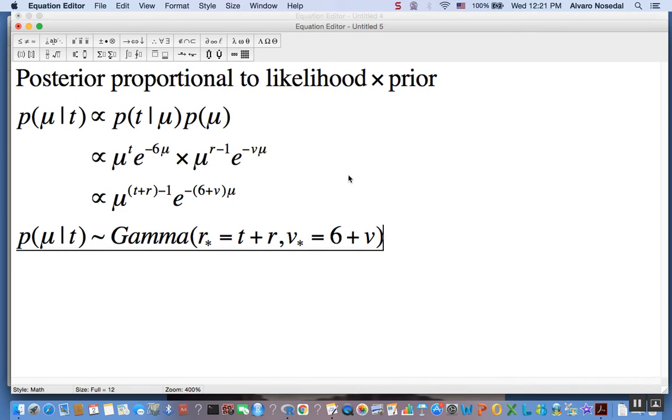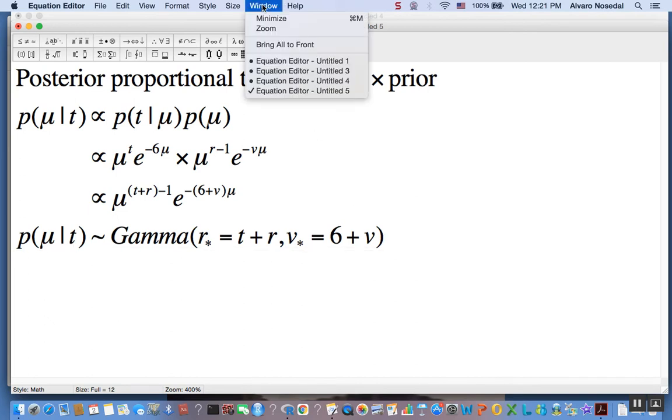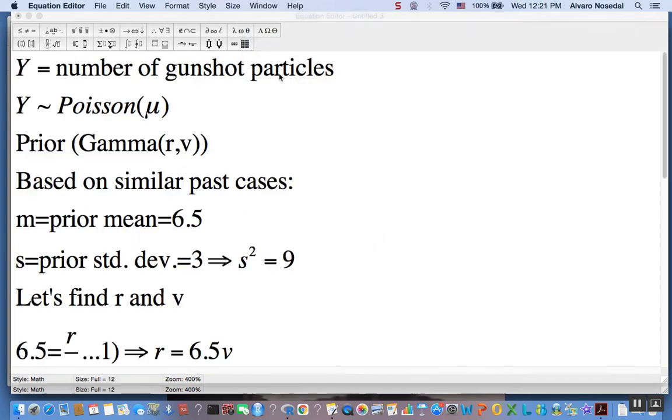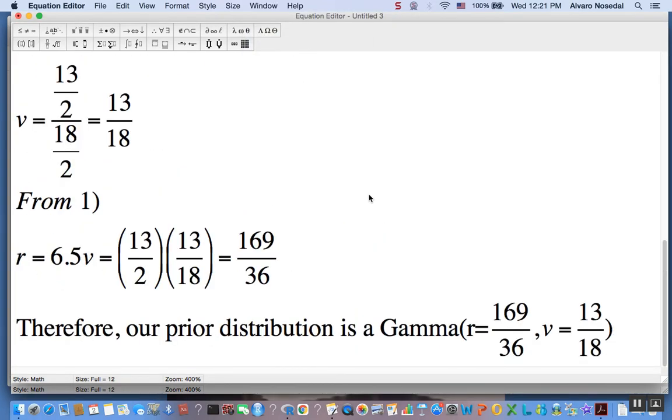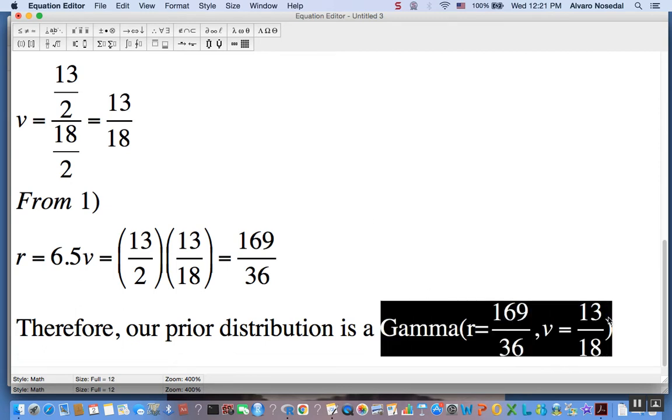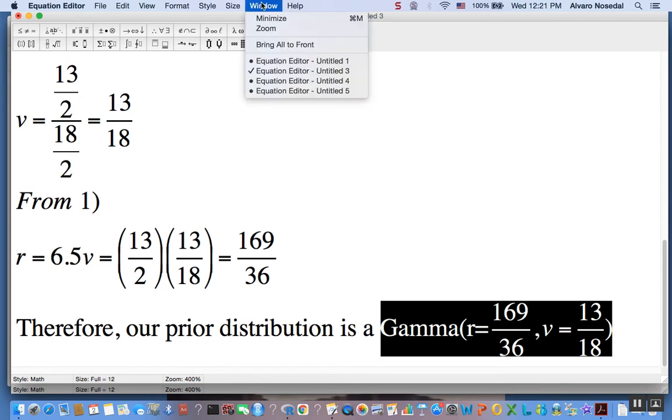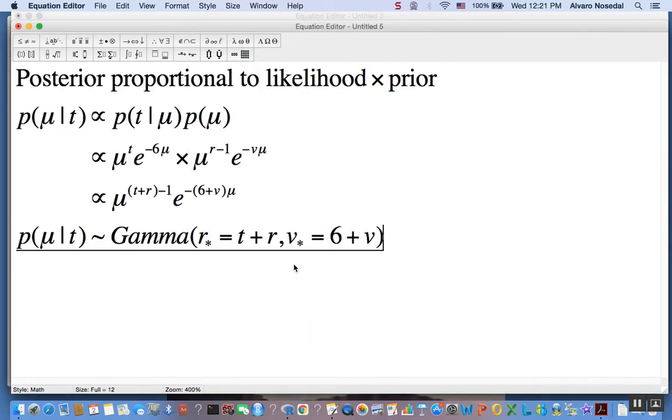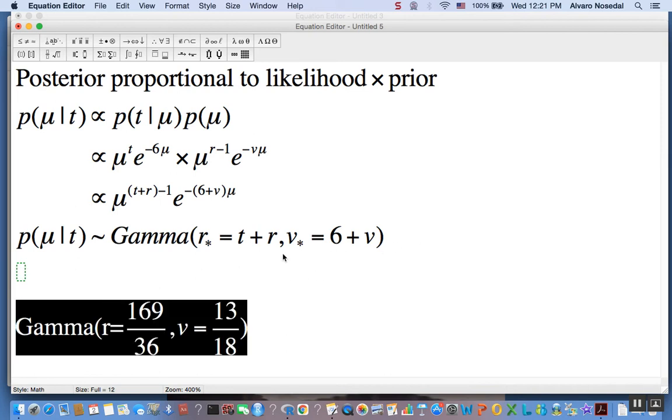Anyway, let's go back to where we defined our prior. So our prior was this. Let me copy those values here.